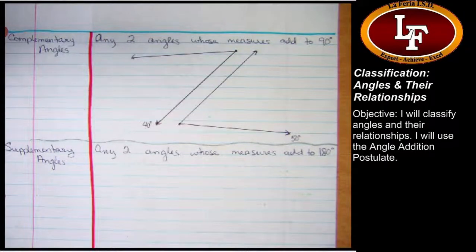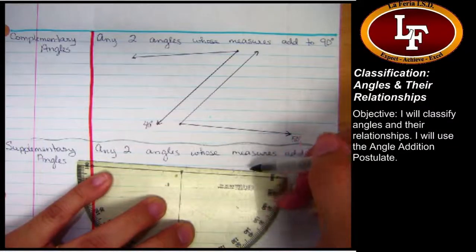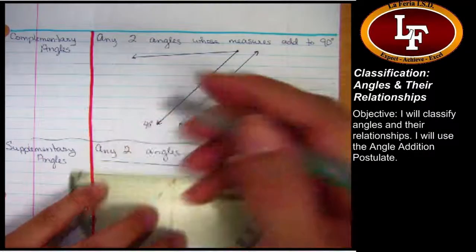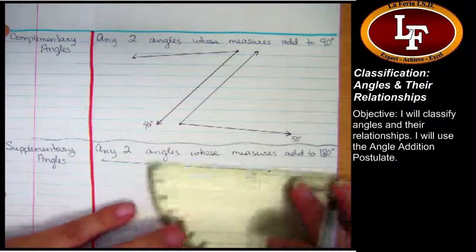So I would like you to draw an angle of any measure, measure it, and then draw its supplement. You want to draw an angle that when you add it to the measure of the first angle you drew gives you 180. I'm going to do that with you, and I'll talk myself through it. So I'm going to draw a ray. There's my endpoint. I'm going to have it open this way.